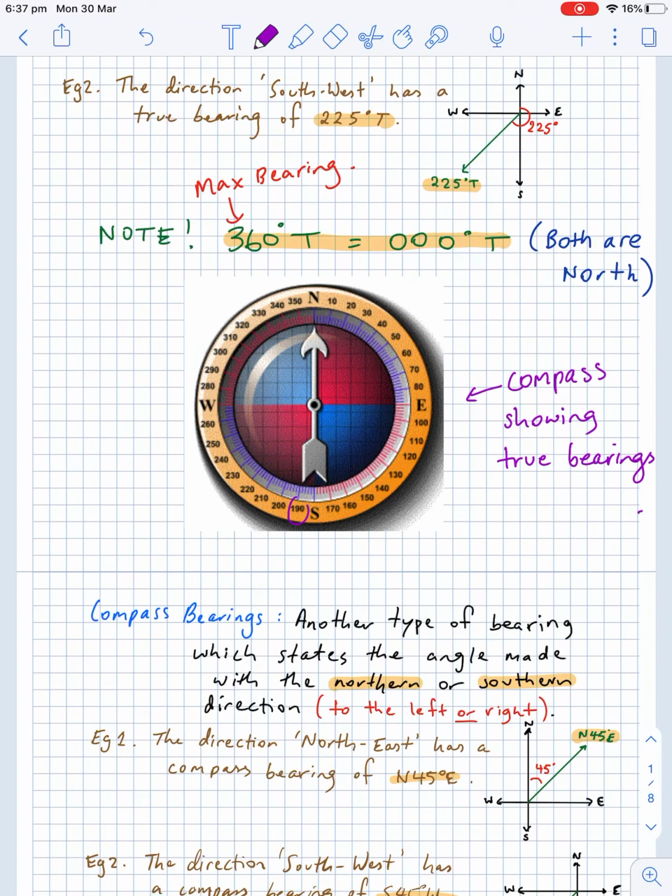And south is going to be between these two, it's going to be 180 degrees. Another way to think about that is the angle made with the northern line and the southern line is definitely a straight line. So therefore it's 180 degrees. West is definitely 270. And then eventually it gets back around to 360, which is north again. So you're pretty much picking one of these directions, and each direction can be described by using one of these numbers. So that's what a true bearing is.